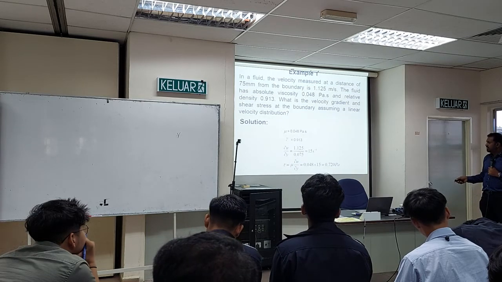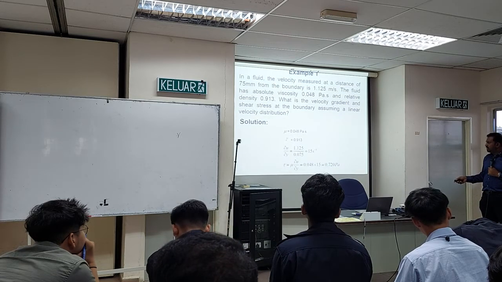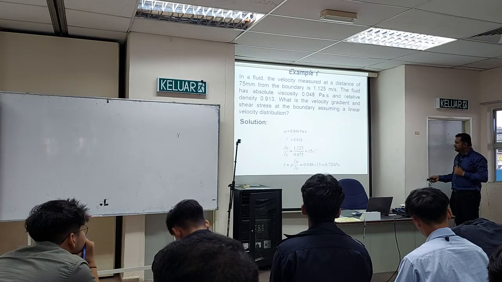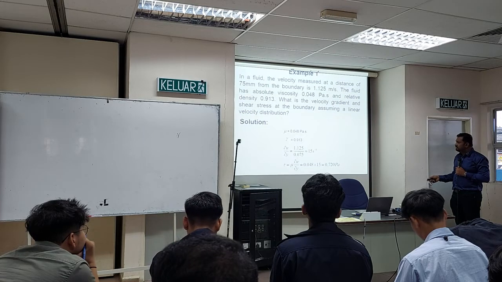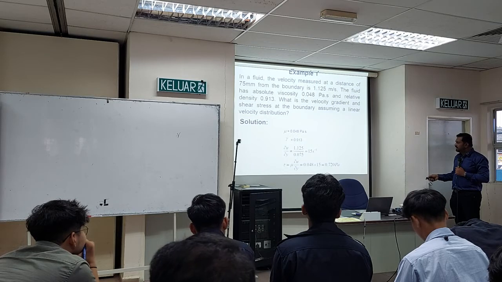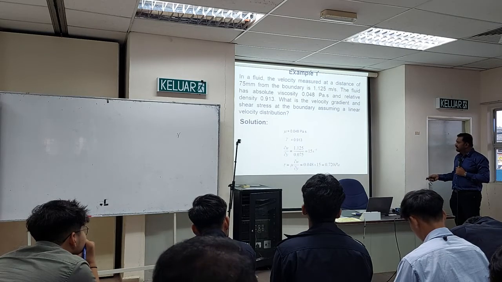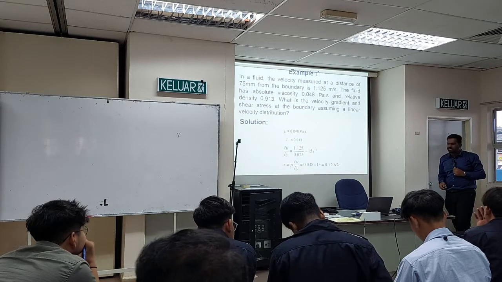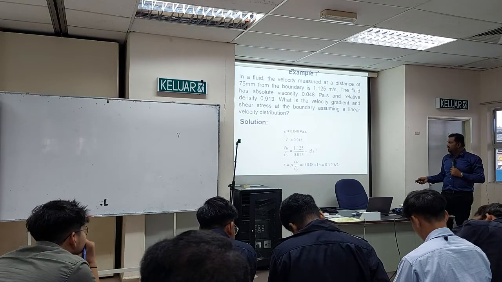You substitute back: mu you already know is 0.048 times 15. You cancel the seconds, so you get Pascal. So 0.72 Pascal. So this is your pressure.